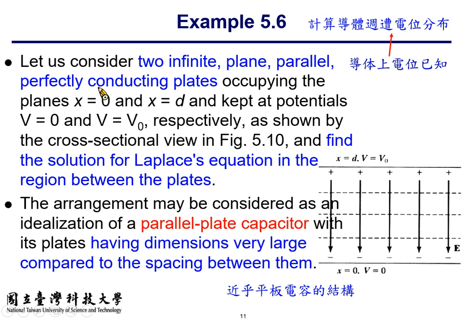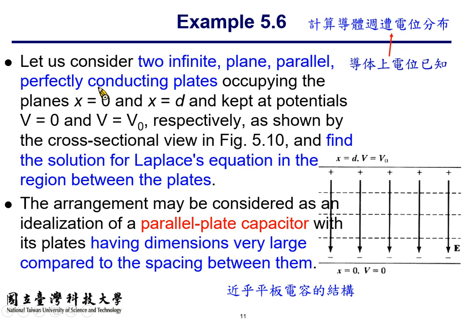So here you can see the dashed lines are equal potential surfaces. The solid lines are electrical field pointing from high potential to low potential, which is contrary to the definition of gradient.